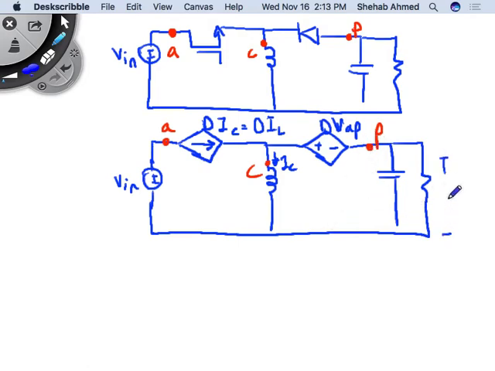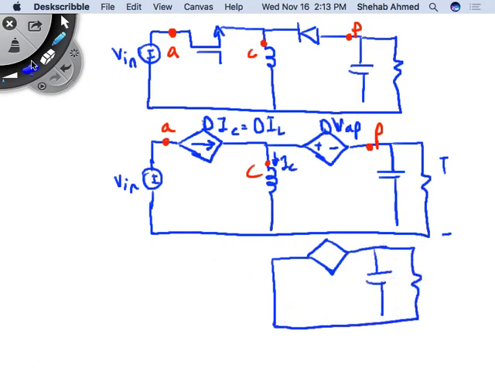Again, if you want to confirm whether what we're doing is correct or wrong, we put a short circuit for the inductor, right? If you put a short circuit for the inductor, what does the circuit look like? I don't care what's on the left because I have a short circuit here, and I don't need to put a capacitor because it's steady state, right?